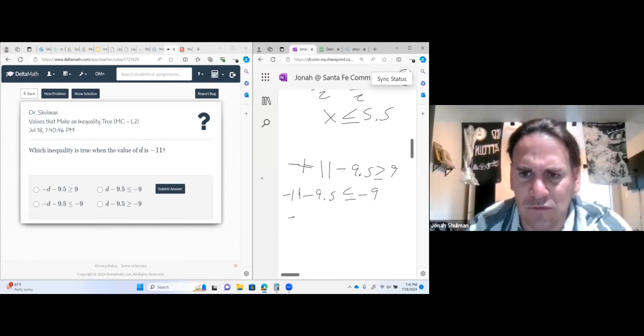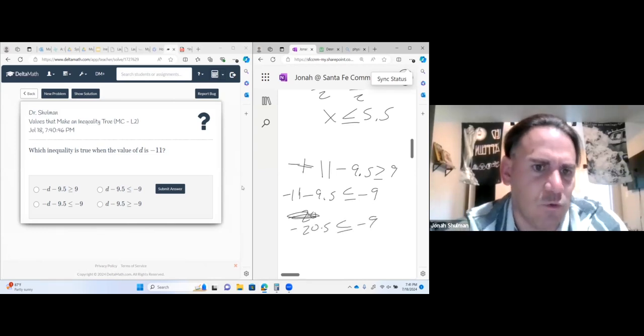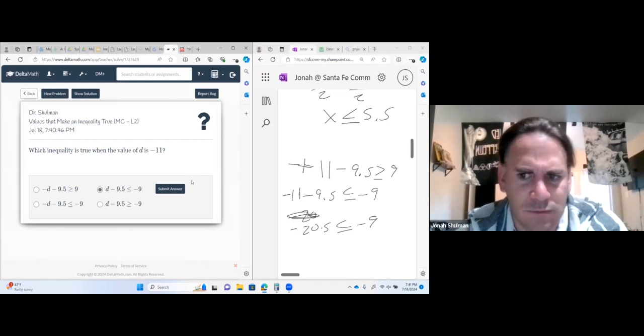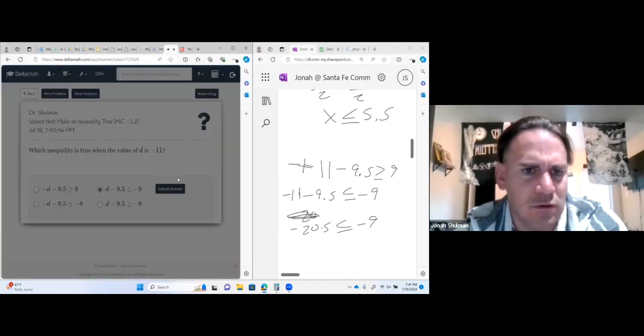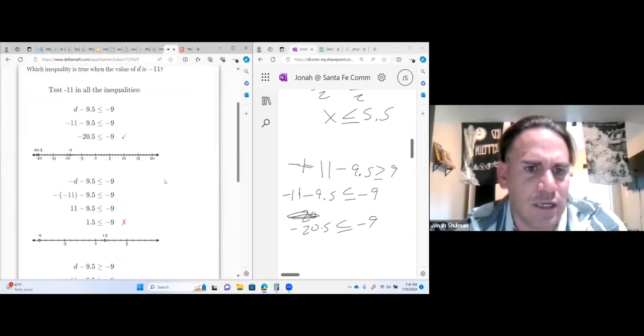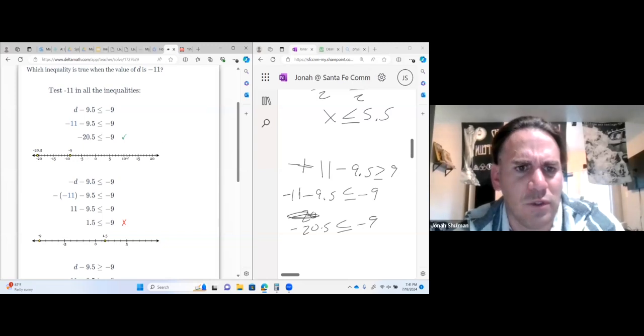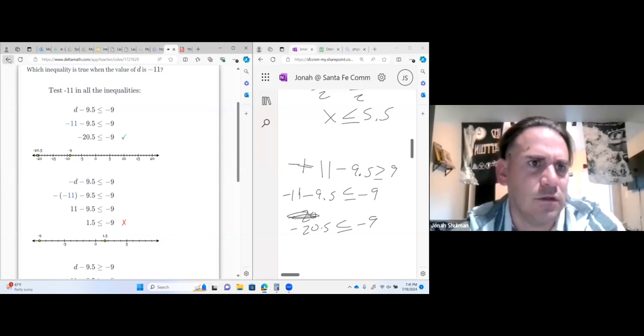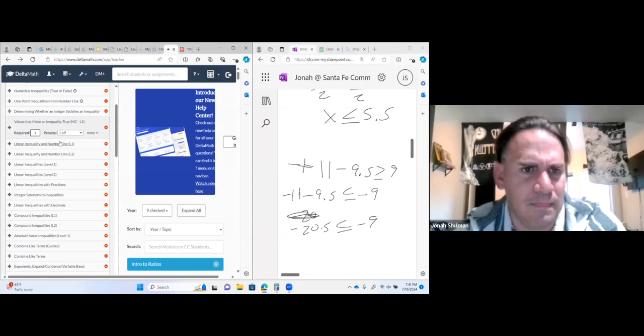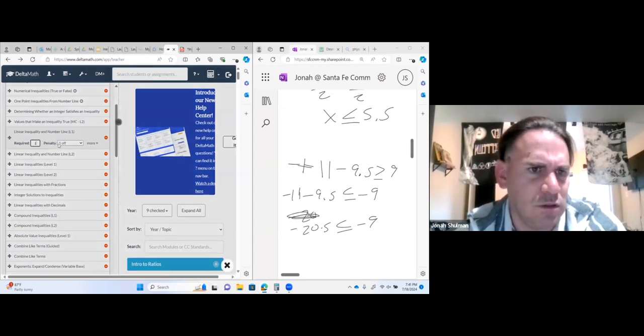Well, this is a -20.5, it's the second one. Wild. So we got it. It was just the second one we needed to try. Oh, I like the little number line here, but it looks good to me. We got the same thing that they did. All right, let's keep on going.